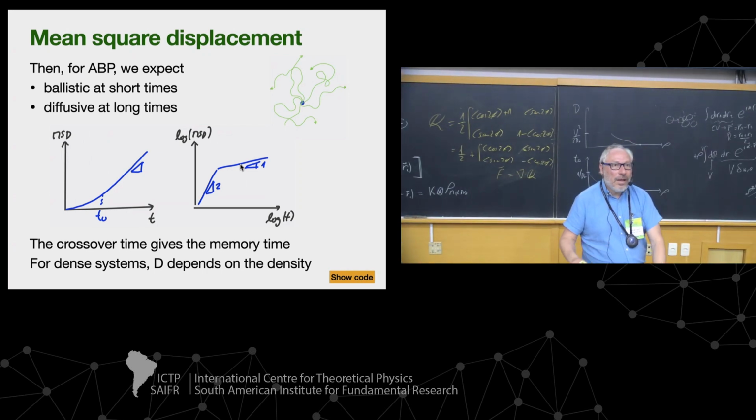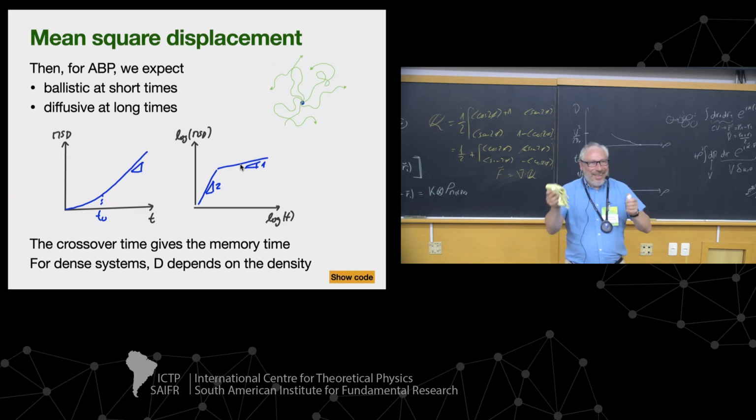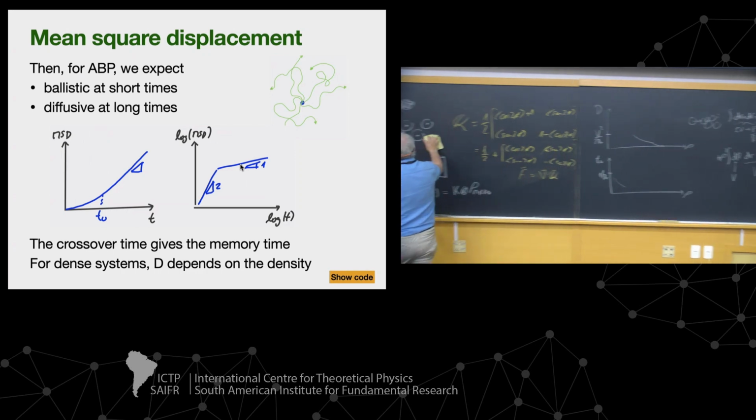In this type of model, is there a possibility to have the caging regime in the middle, or no? Caging, I just wanted to talk about caging now, so little spoiler, but it's okay.